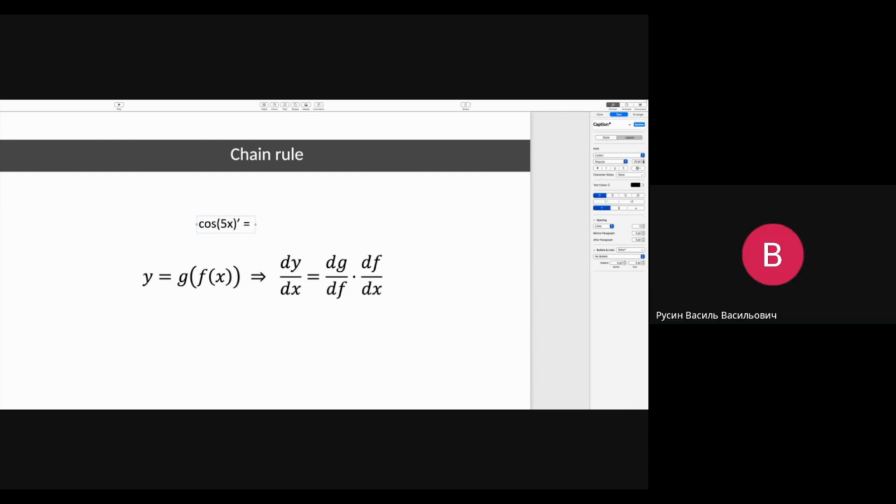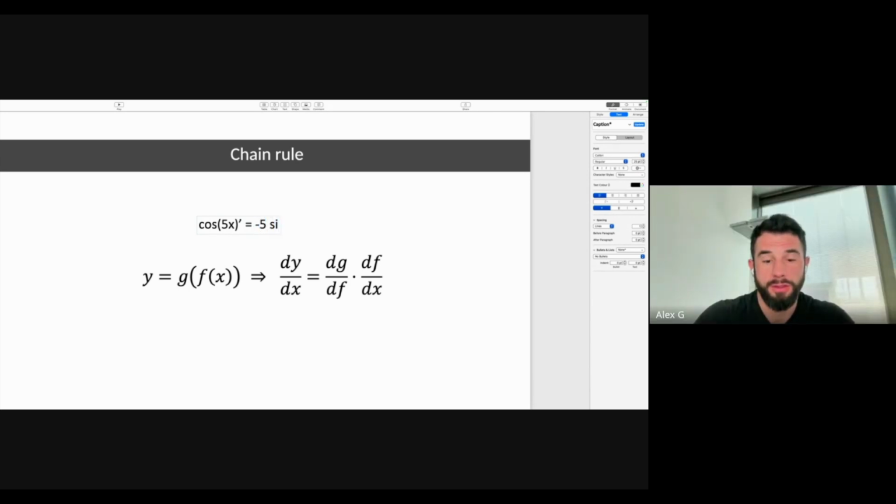Minus 5 sine 5x. Yep. Very good. I forgot, if we differentiate sine, is it minus cosine or vice versa? We will believe you, but I want an intermediate step. How did you get it?